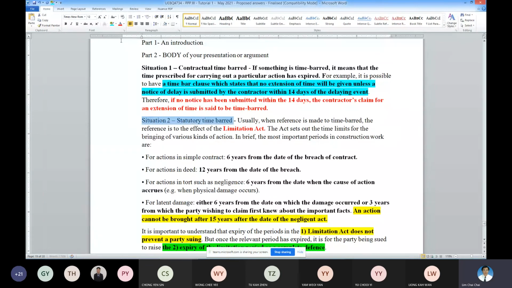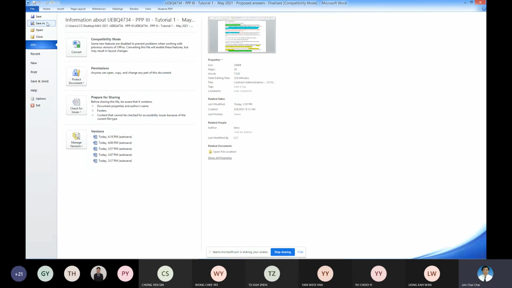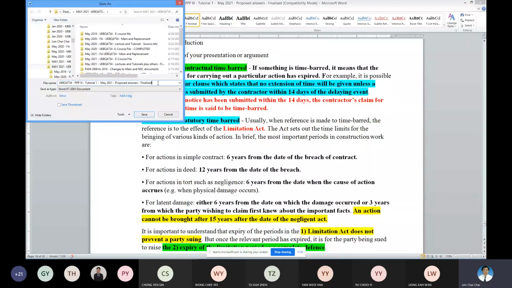This is the contractual time bar. So there's a difference between the two. With that, I come to the end of this tutorial for your group 8.